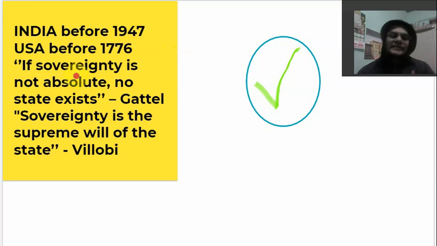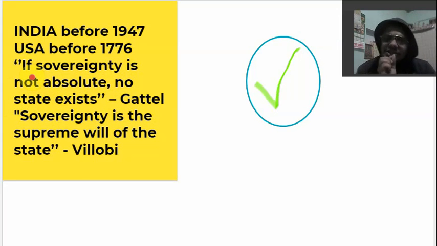Now Gettell, it will become clearer when you read this. Gettell says, if sovereignty is not absolute, no state exists. Gettell is trying to tell us the same thing again in plainer and simpler words. He's saying that there has to be absolute sovereignty.